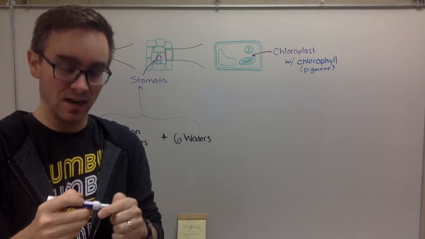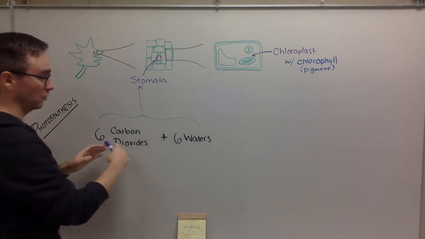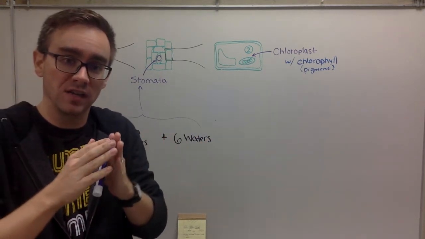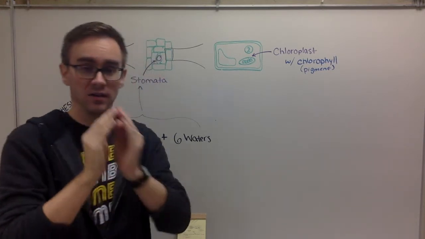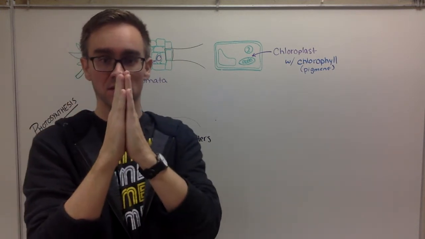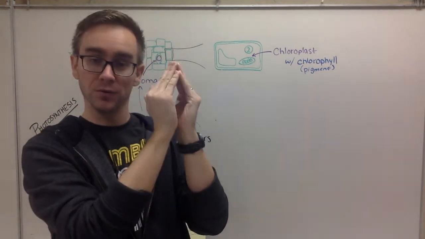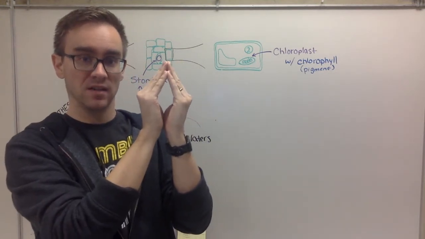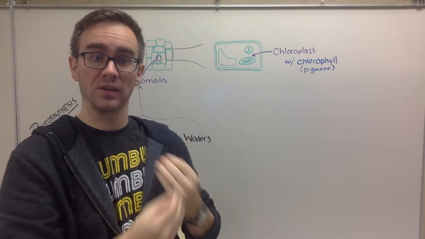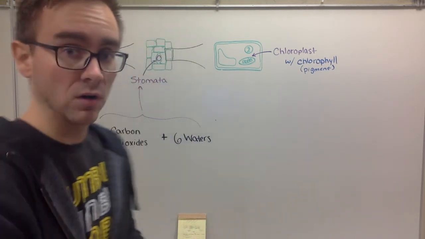So what will happen a lot of times is if it starts getting really hot out, to prevent plants from losing their water through evaporation, they will close that stomata. It's literally like a pore. And so we have these two cells here, what we call guard cells. What they do is they open up and allow water and gas, carbon dioxide, to come through them, and then they can close up that pore to make sure that those plants don't lose any water if they're not trying to gain any more water.